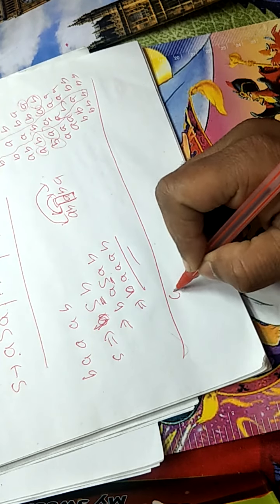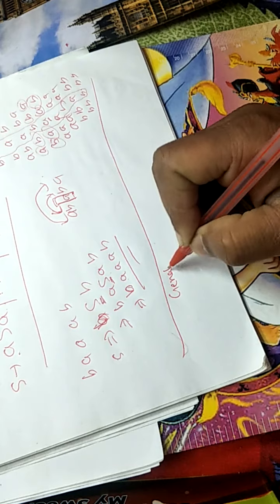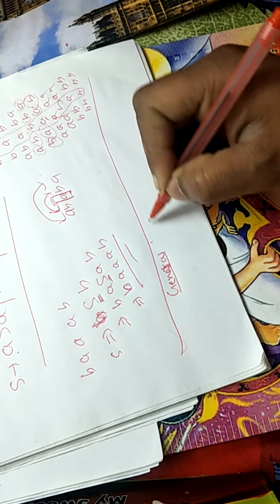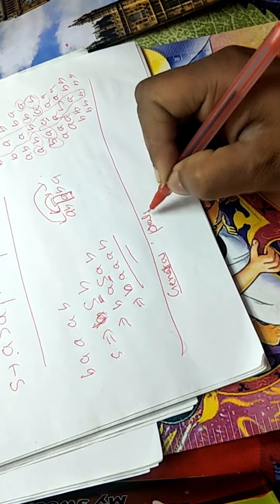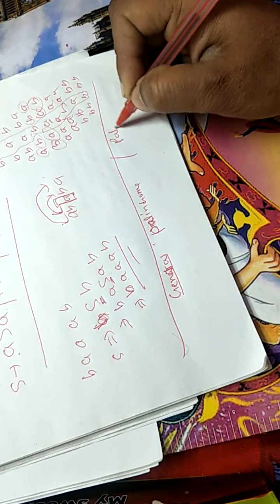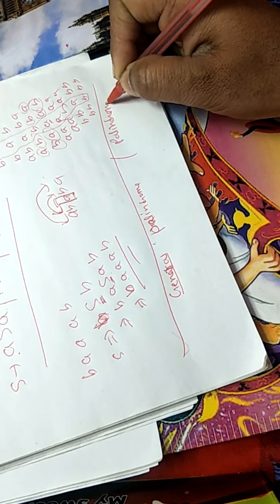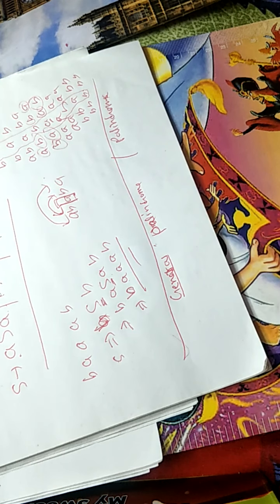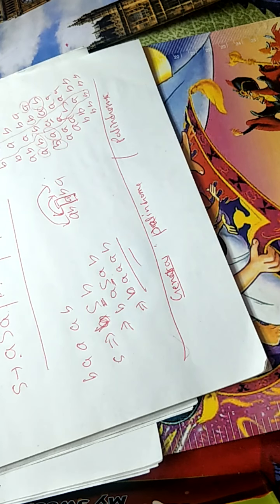So what will be the grammar for the general palindrome, or just say palindrome? It means a palindrome that can be even or odd. There is no restriction whether it is even or odd.